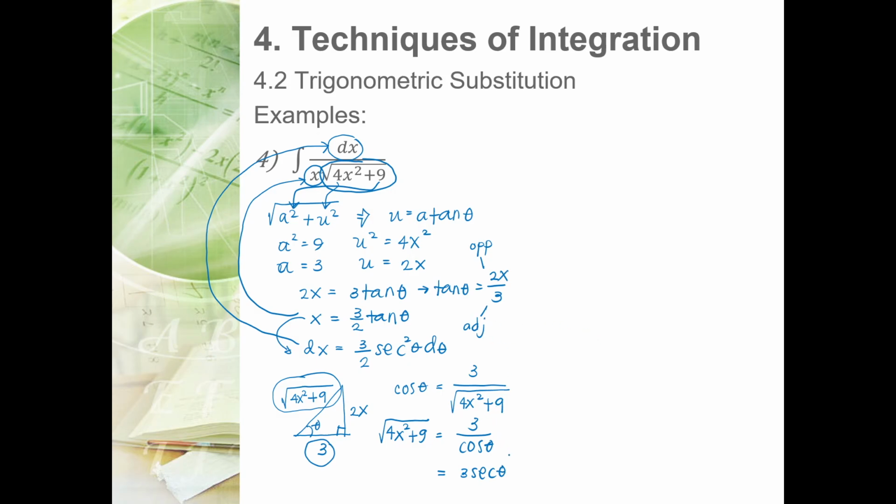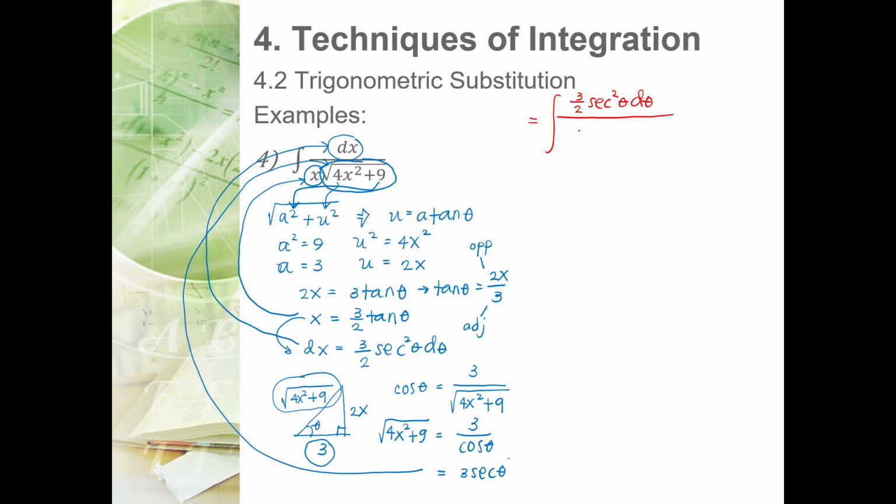Okay, so we can now replace this one. We move it to the left so we have space on the right side. Since we can now replace every term in the equation, let's proceed with the integral process. Starting with dx, that's 3 halves secant squared theta d theta.